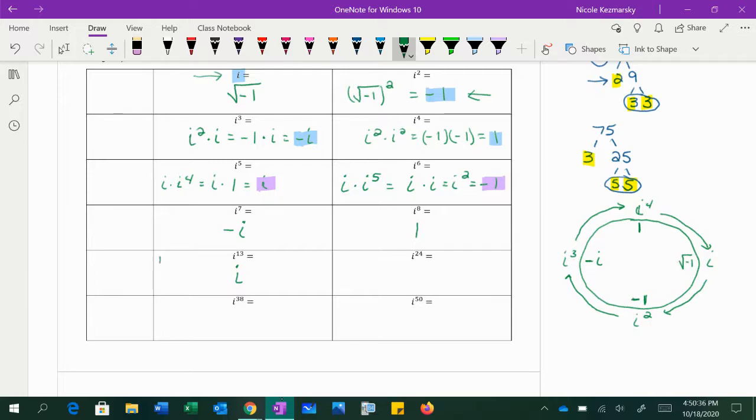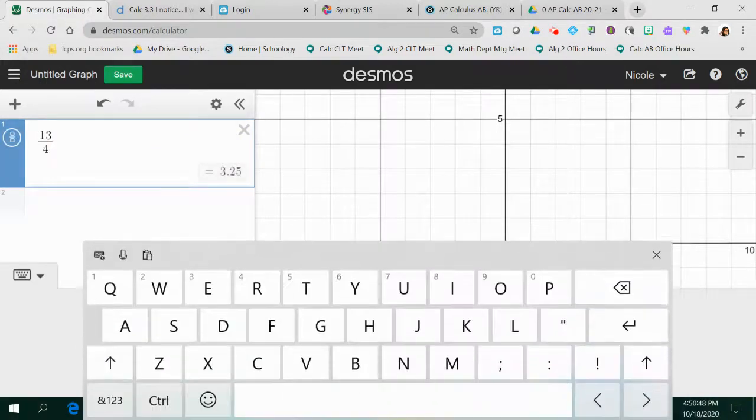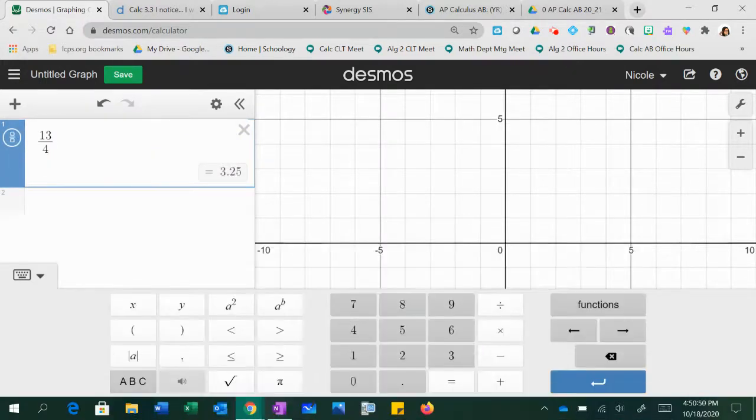So I'm going to do 13 divided by 4. So let me pull up my calculator in Desmos and do 13 divided by 4. When I do this, I look at the decimal after the decimal point. So I see 0.25.